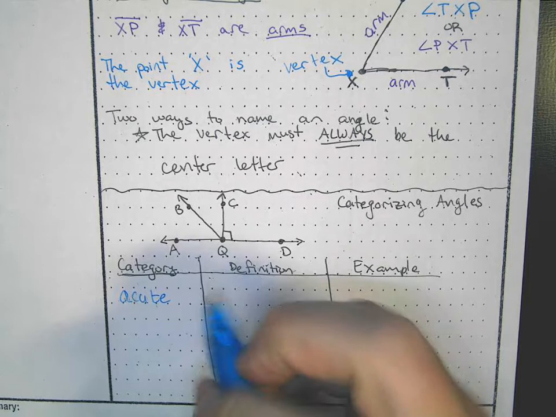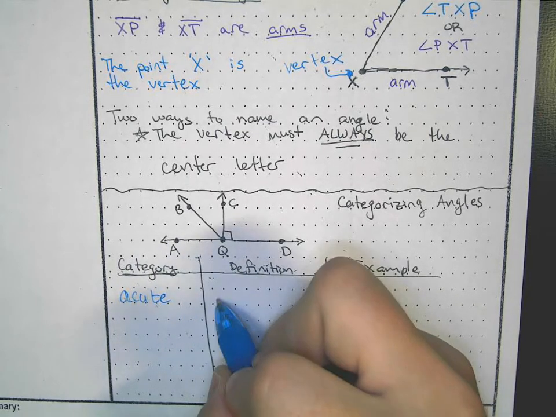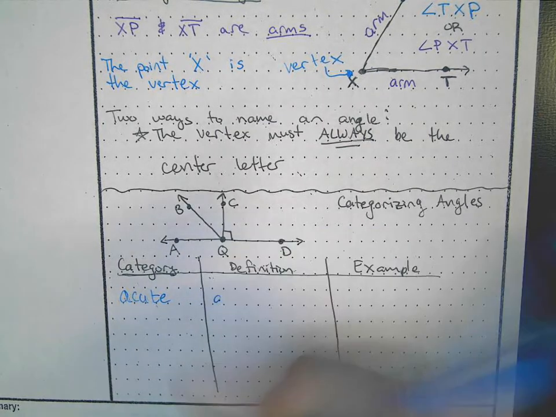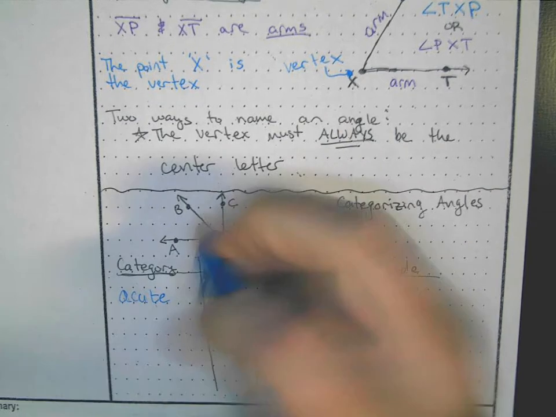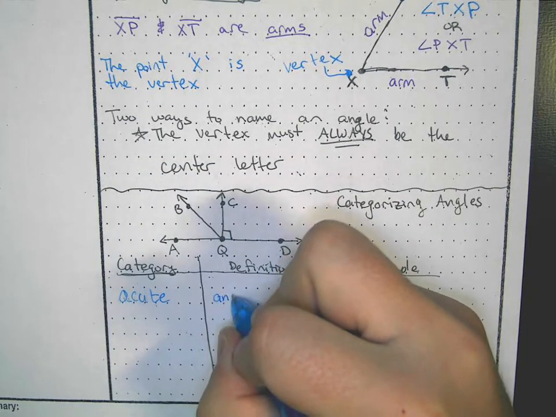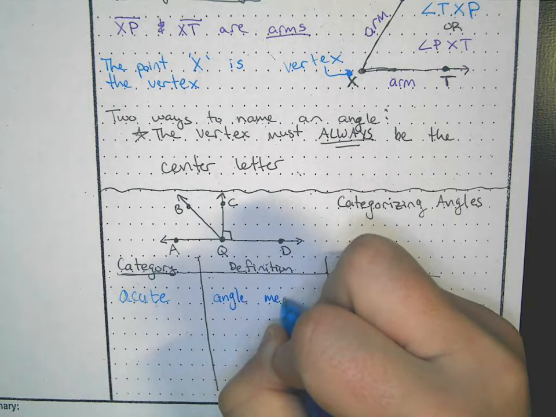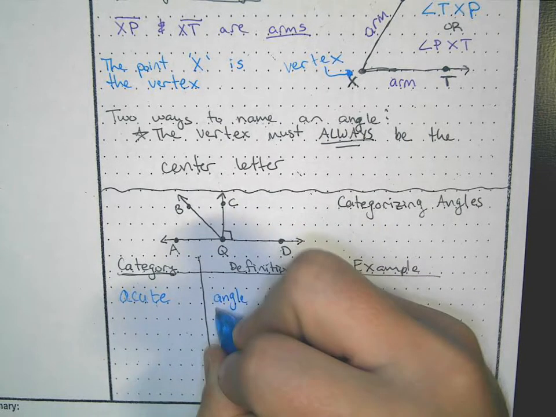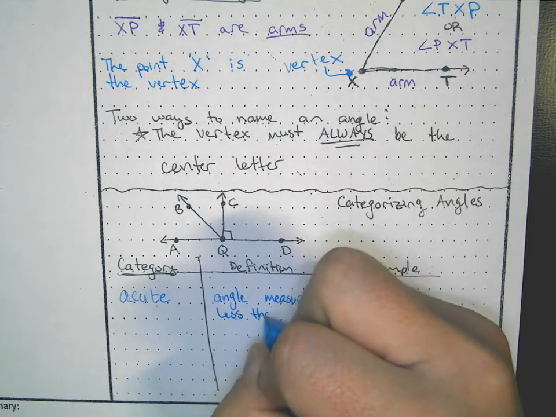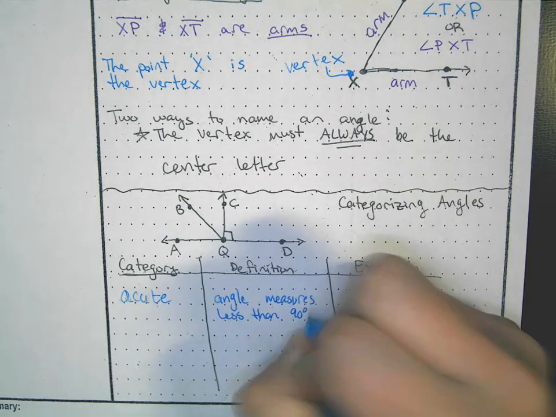And that's an angle whose measurement is less than 90 degrees.